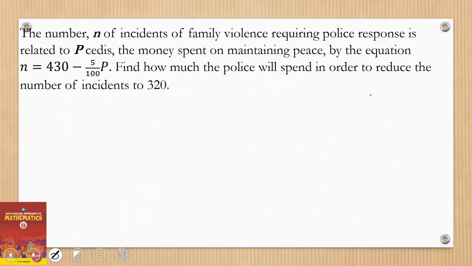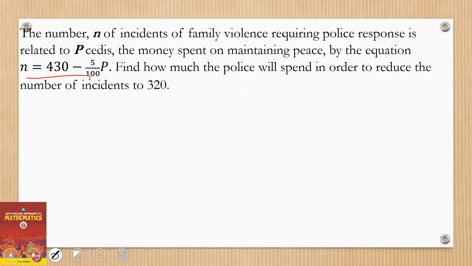Let's take another example and see. Here we have the number N of incidents of family violence requiring police response, related to P. The number of incidents of a family that will require the police to come in is N, and P is the amount of money spent on maintaining peace, by the relation given here. We want to find how much the police will spend in order to reduce the number of incidents to 320.